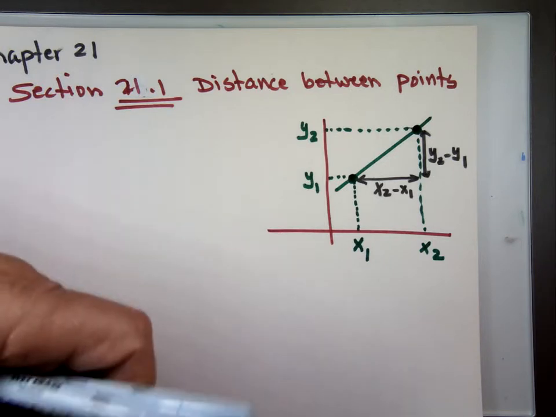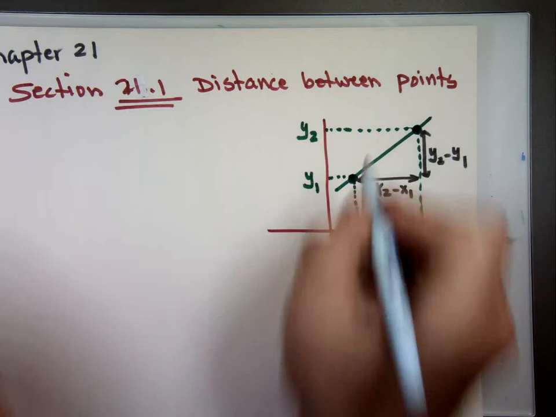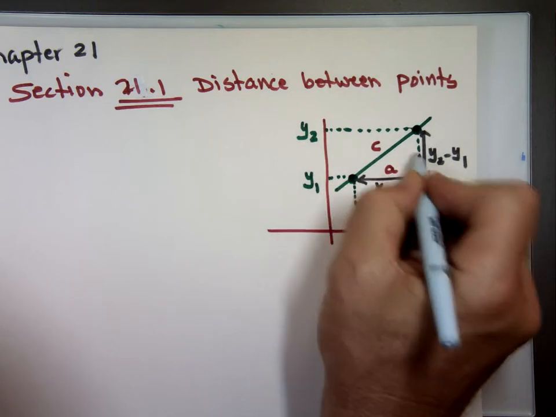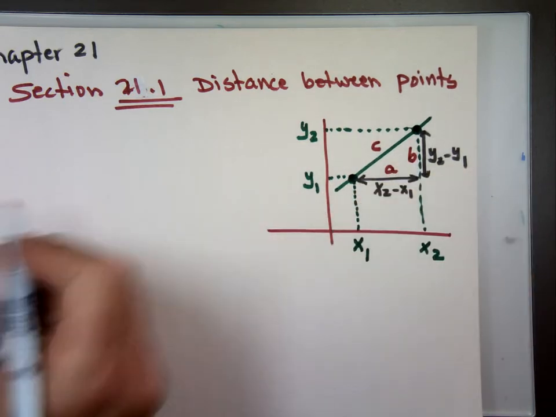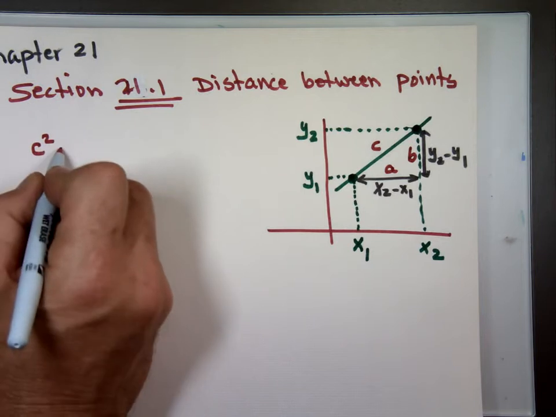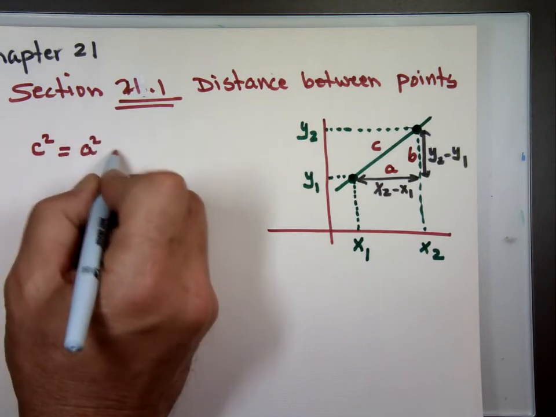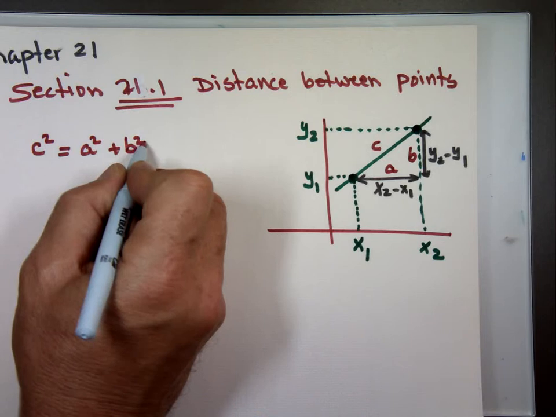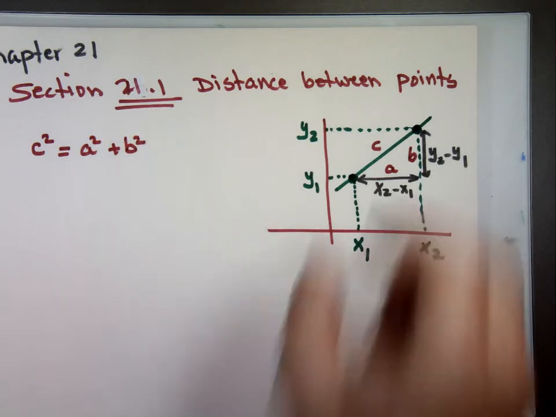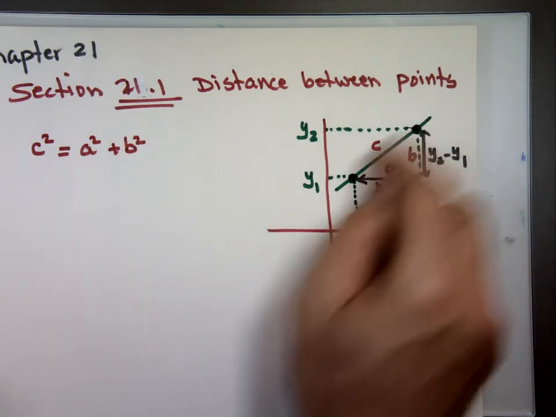If we use Pythagorean's theorem, remember that? This is C, this is A, this is B. It said what? C squared equals A squared plus B squared. C is actually the distance between the 2 points, isn't it?